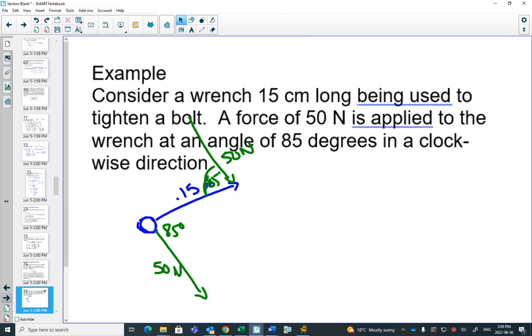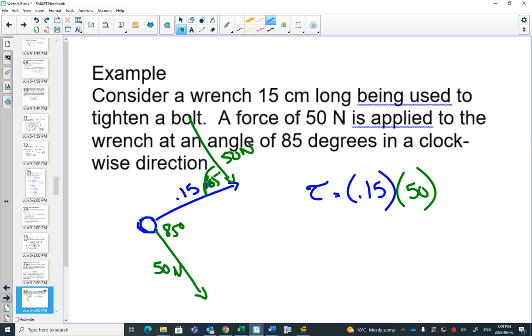Okay. So then our torque, which is our fancy torque symbol, tau. The length of A is 0.15. The length of the green one is 50.